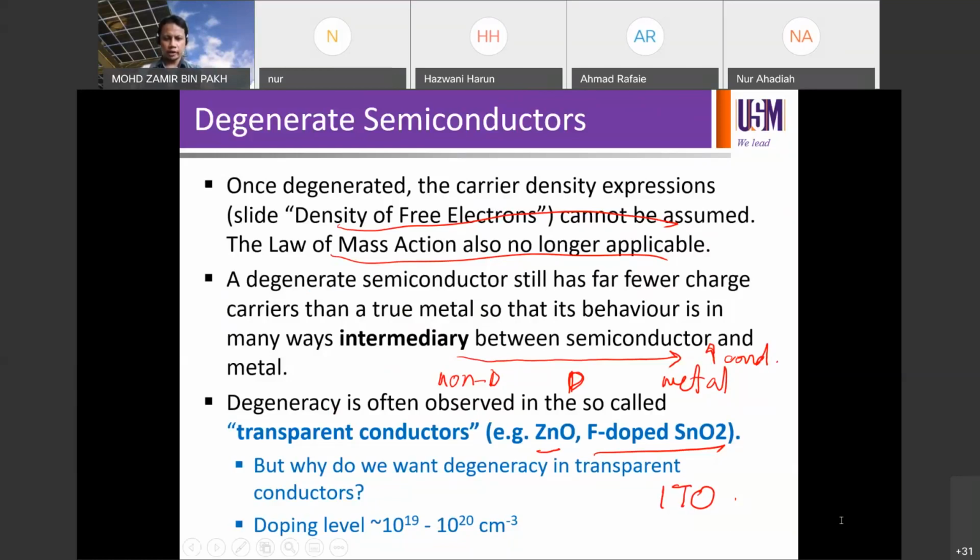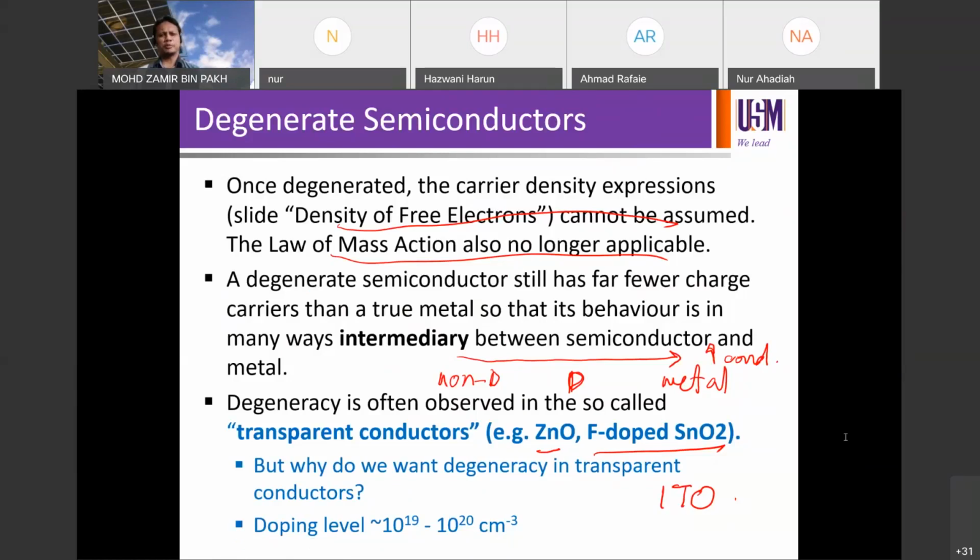So why do we want degeneracy in transparent conductors? So if you talk about transparent conductors, have you ever heard of transparent conductors? Anyone? No? Okay. No? Who has ever heard? What you call transparent conductors.